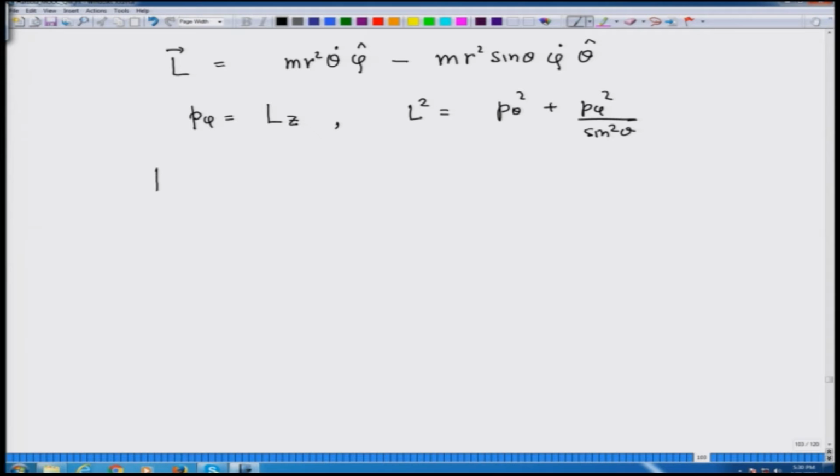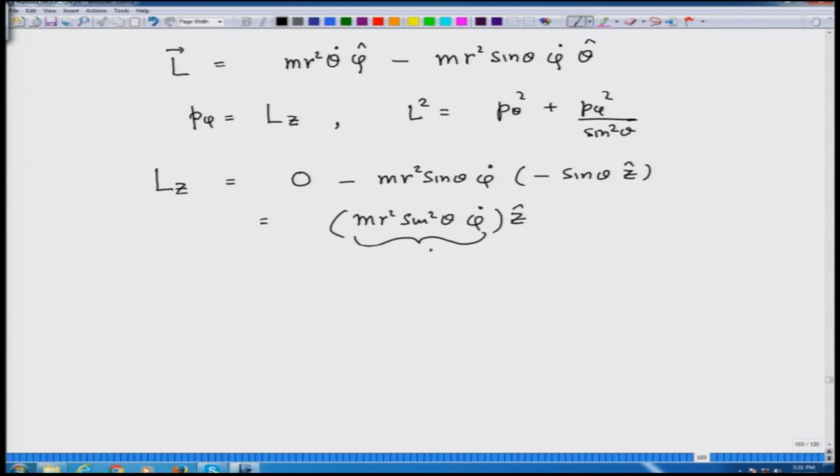If I take the z component of L, phi gives you 0 contribution for the z component, minus m r squared sin theta phi dot, and the z component of theta is minus sin theta z. So, this comes out to be m r squared sin squared theta phi dot z, and this is nothing but p phi.